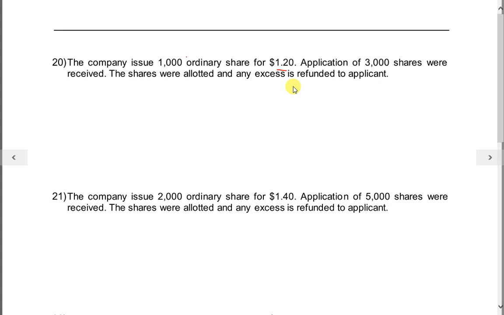They ask the public to apply: I want to issue shares, please apply. Application received is 3,000 shares. The shares were then allotted to 1,000 shareholders, the successful ones, and those who are not successful will be refunded. So we have three steps.